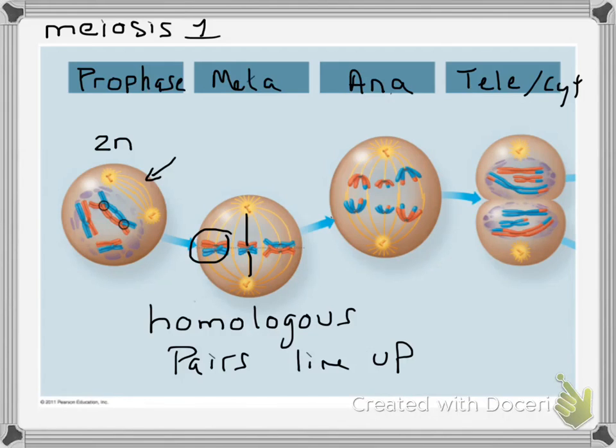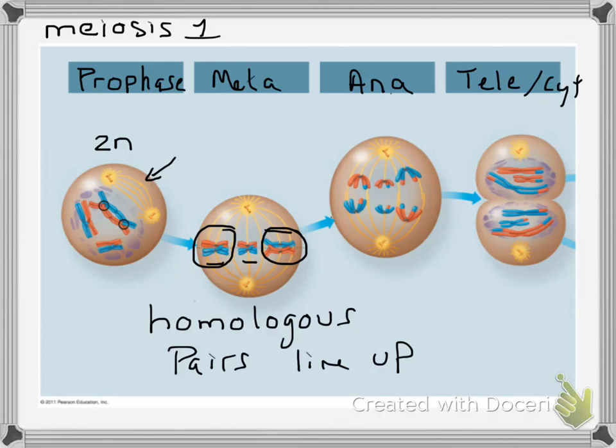The other thing I want you to look at here is that we've got a paternal on this side, a paternal on this side, and a paternal on this side. The way that the homologs line up is totally independent. How this chromosome aligns is independent from how this chromosome aligns, and both of those that have circles around them line up independently from the one in the middle.